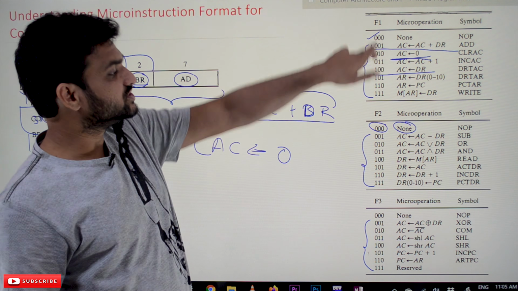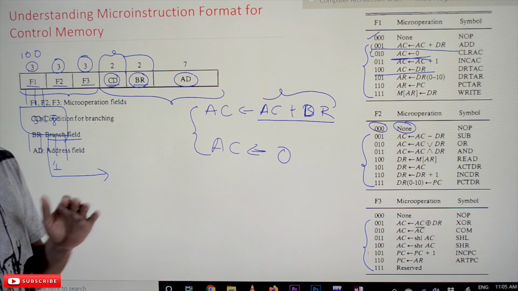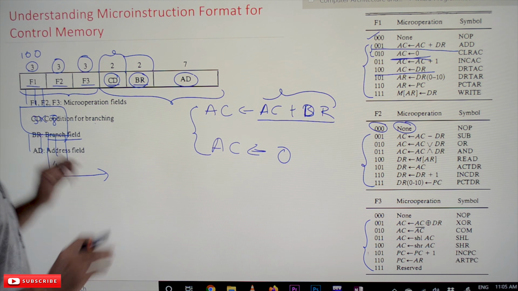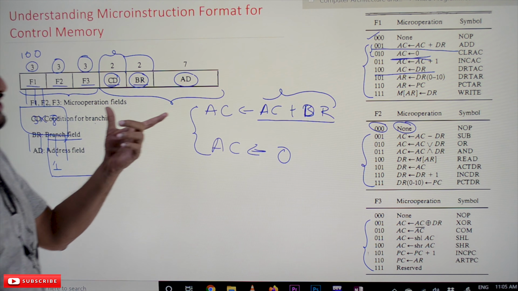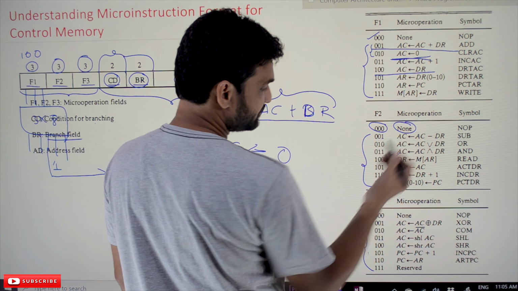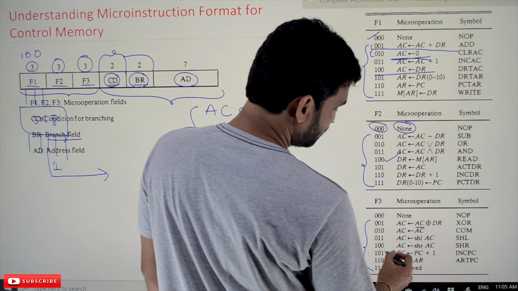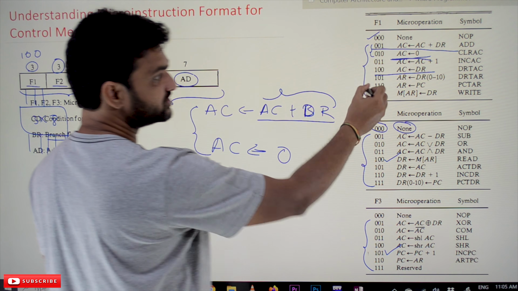So what is this 000? In every group we are having 000. For example, if you take any micro instruction, in that micro instruction we would like to execute only this operation from this group and this operation from this group, and we don't want to execute any of these operations on this group.